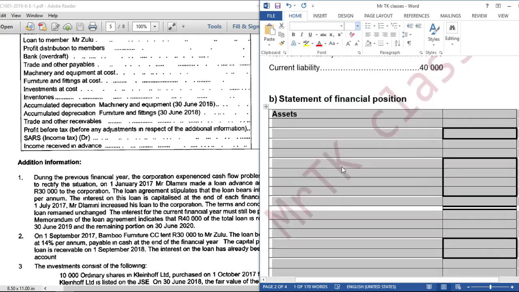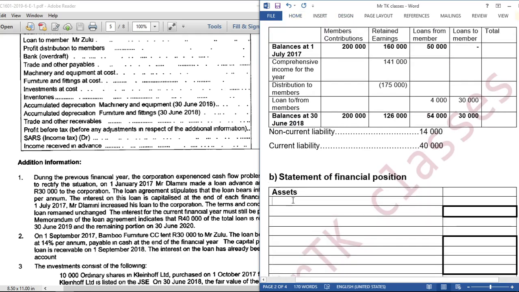Then we are going to say non-current assets. Right? Non-current assets. Under non-current assets, we have property, plant, and equipment.